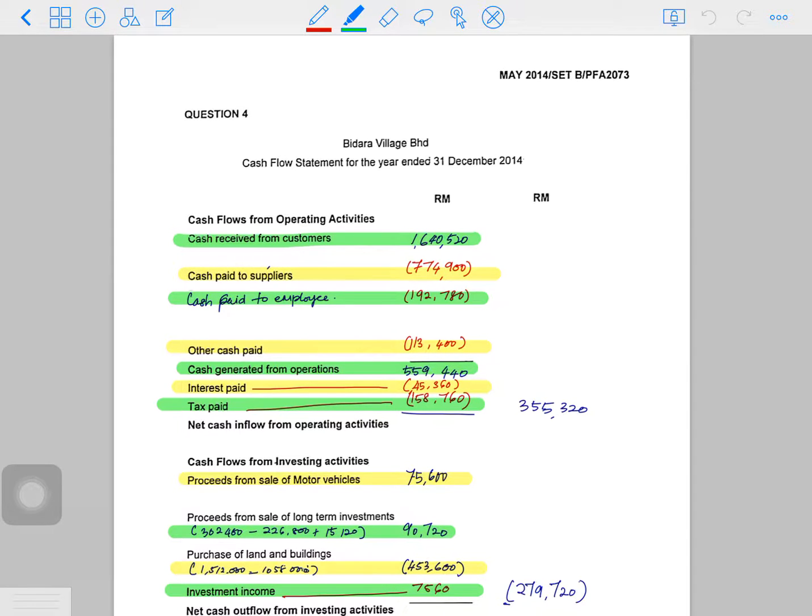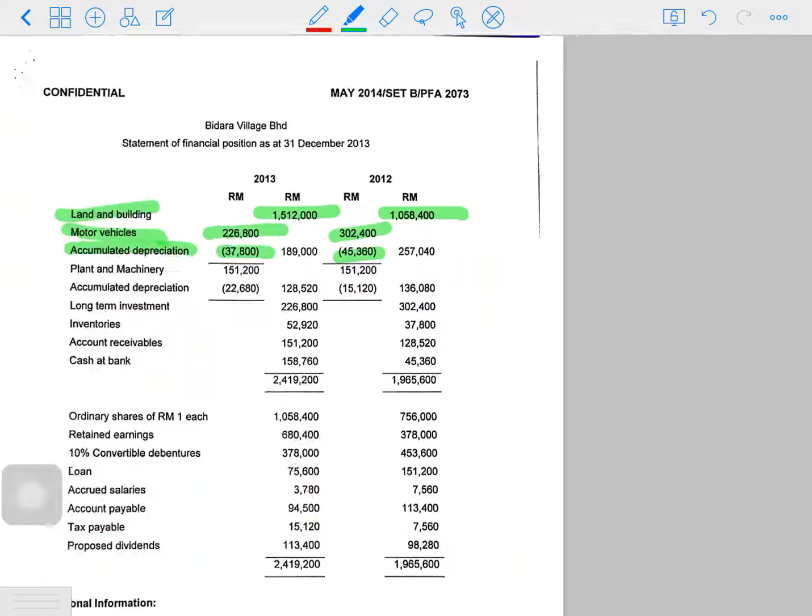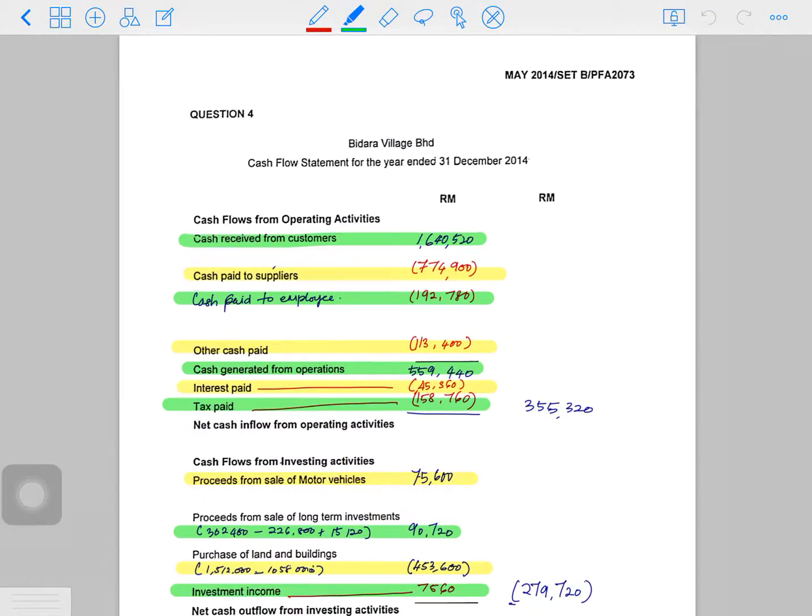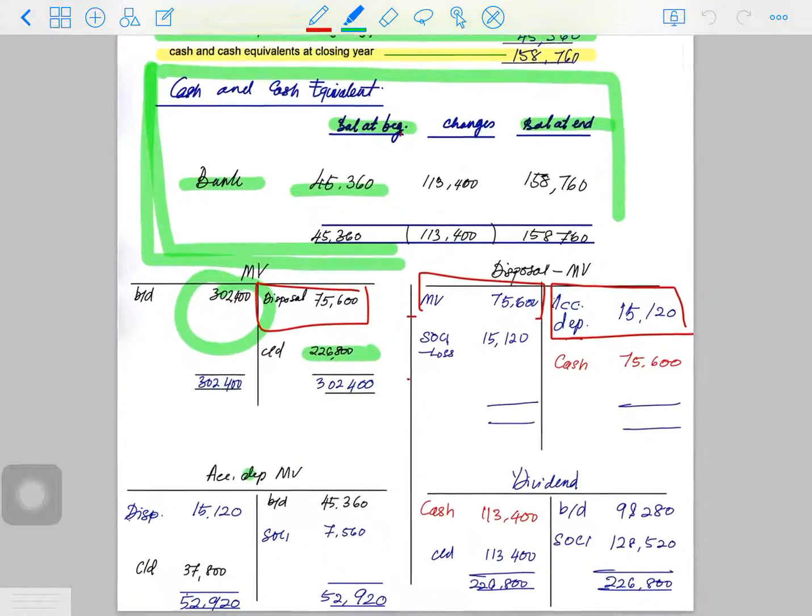There are changes here. If there is a change in land and building, it could be an increase or decrease. Increase. That means there's a purchase of land and building, money going out. So how much is the difference there?